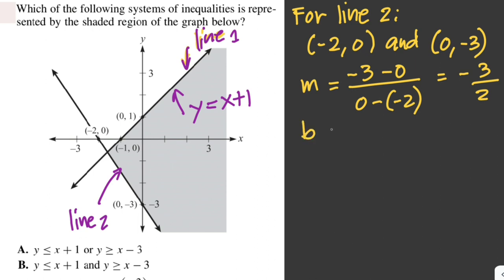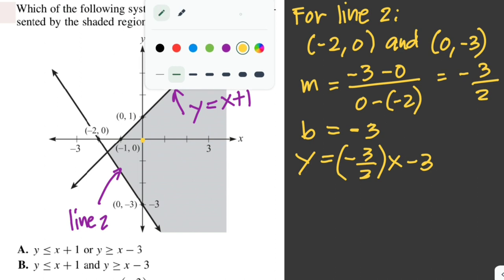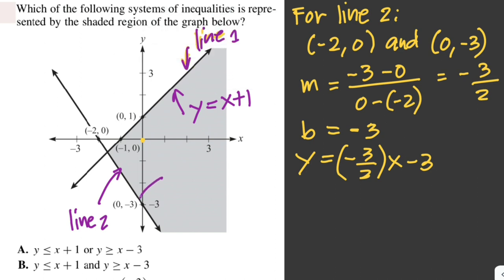And for our y-intercept b, when x is 0, y is equal to -3. So our equation is -3/2 x minus 3. This line here is y equals -3/2 x minus 3.